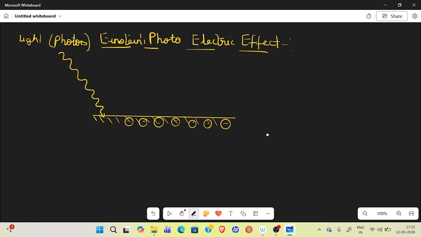The energy of photons is given by E equal to h nu, where h is the Planck constant, and nu is the frequency of the light ray falling on the gold foil.